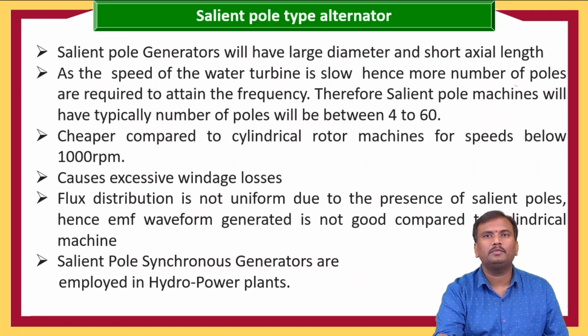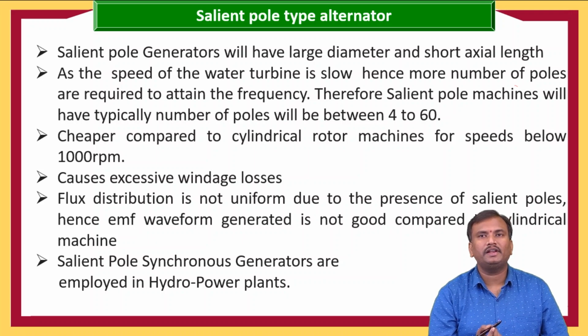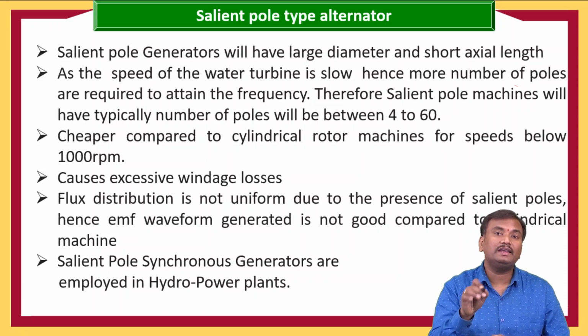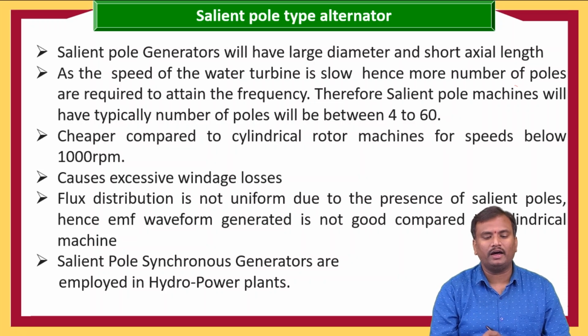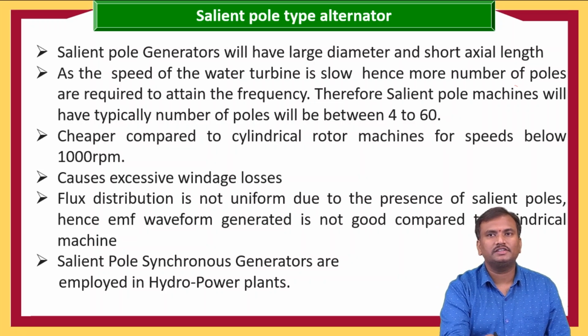Therefore, salient pole machines typically have between 4 to 60 poles, and they are cheaper compared to cylindrical rotor machines for speeds below 1000 rpm, which cause excessive windage losses.